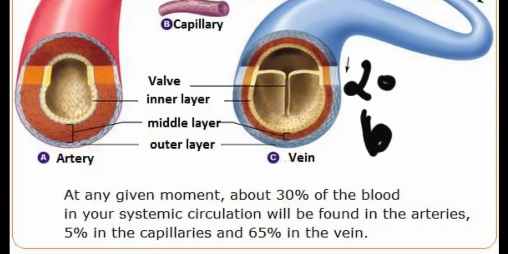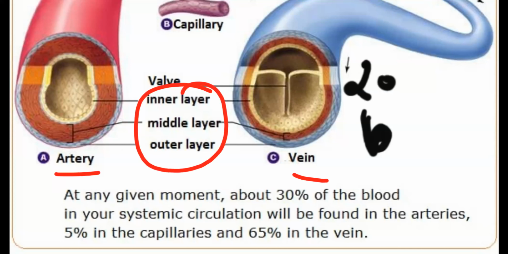And tunica intima, the innermost layer, is made up of what? Squamous endothelium. Rishi and others are correct. Now you can see that both have the same plan, whether it is the artery or vein. The walls have the same plan.